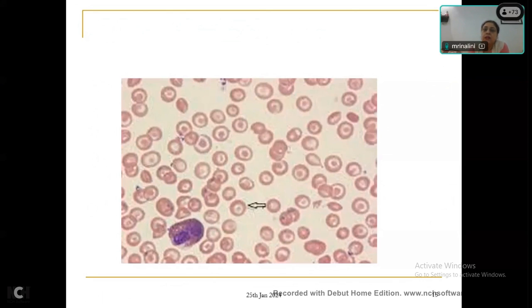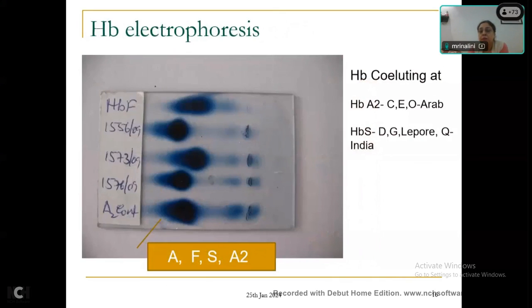just on morphology. This is a hemoglobin electrophoresis characteristic plate. This is the normal control, or A2 control, positive A2 control. I'll explain how you read a hemoglobin electrophoresis. This is the origin. Here you get the A2 band, and here you get the HbA.